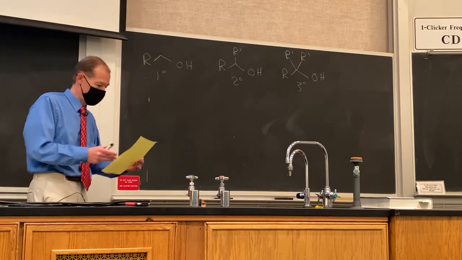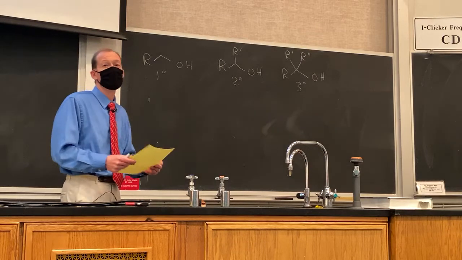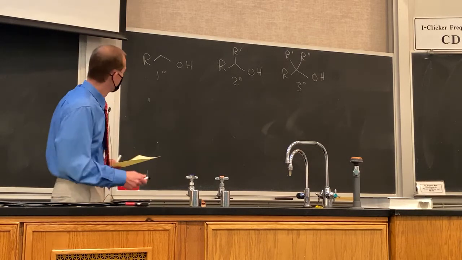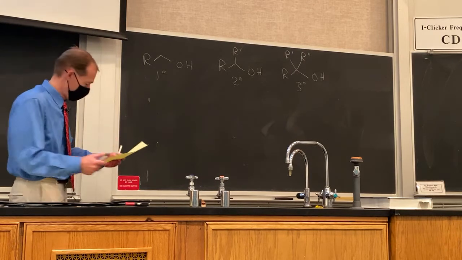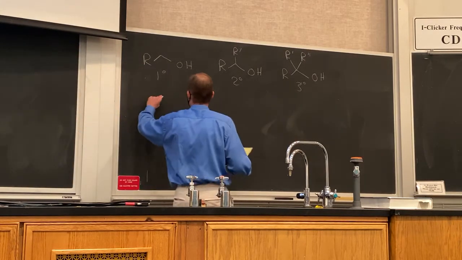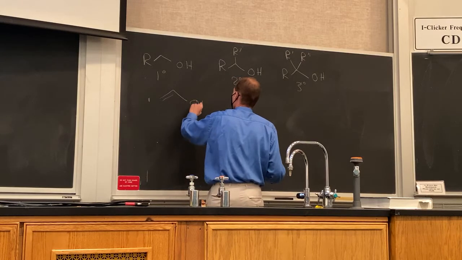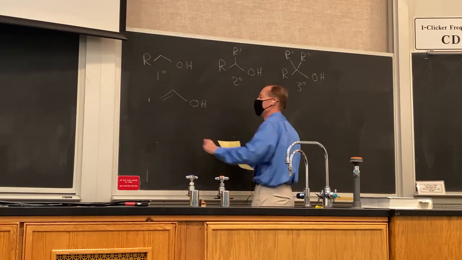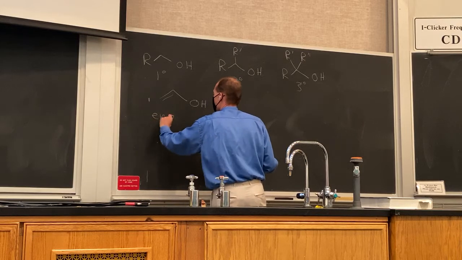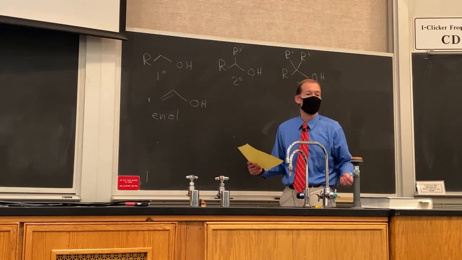So that classification system should be familiar to you. And in a normal alcohol, these are all alkyl groups. We can have alcohols attached to sp2 carbons. This particular type of alcohol would be referred to as an enol.